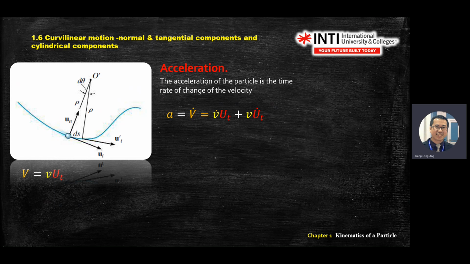You differentiate this one, hold this one, plus hold this one, differentiate this one. You will arrive at this equation. So you get a equals v dot ut plus v ut dot, where v dot means your velocity differentiated by time. This vector calculation is in appendix B or C.